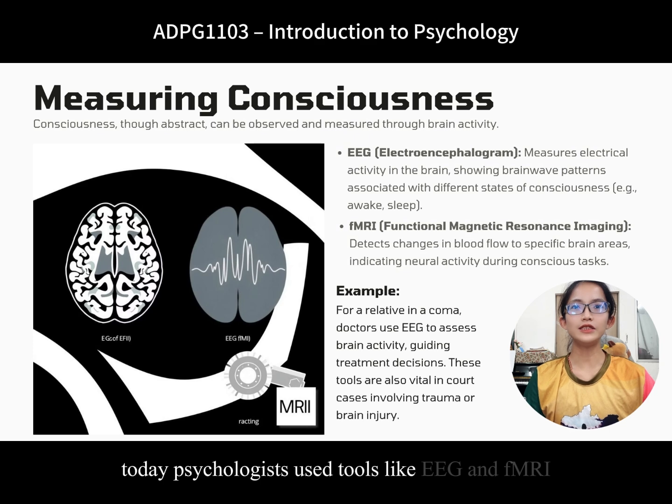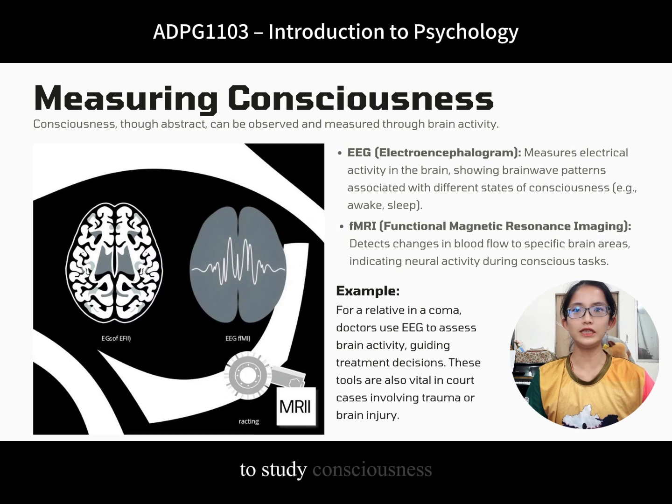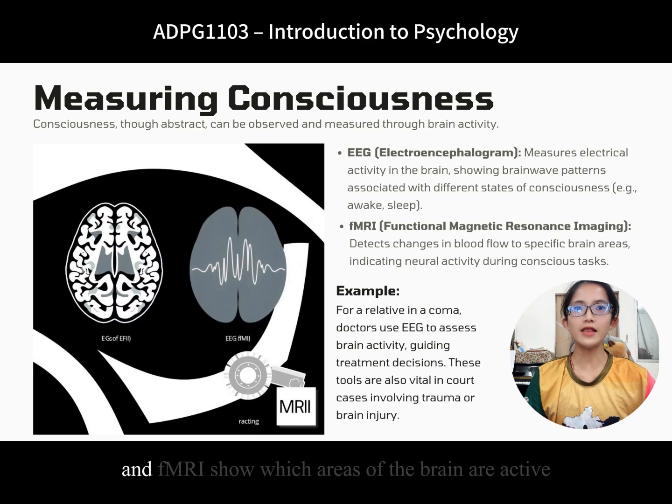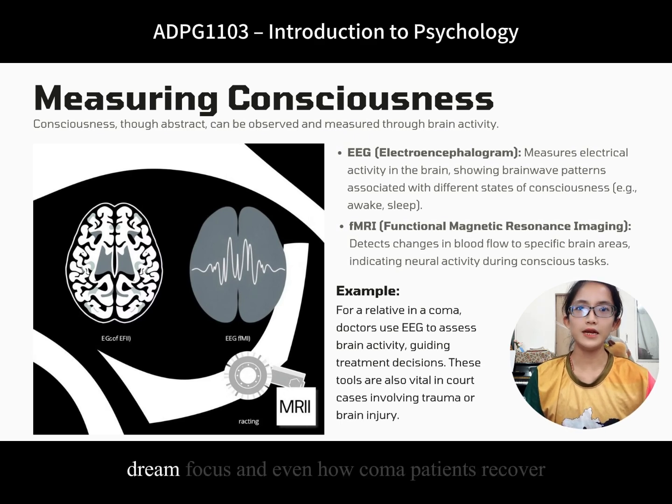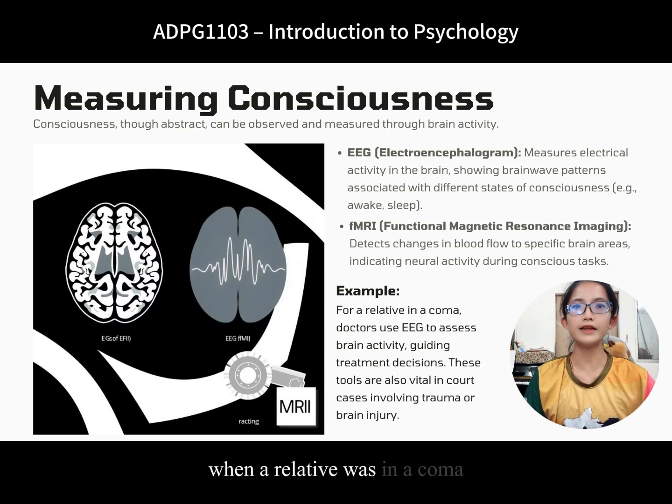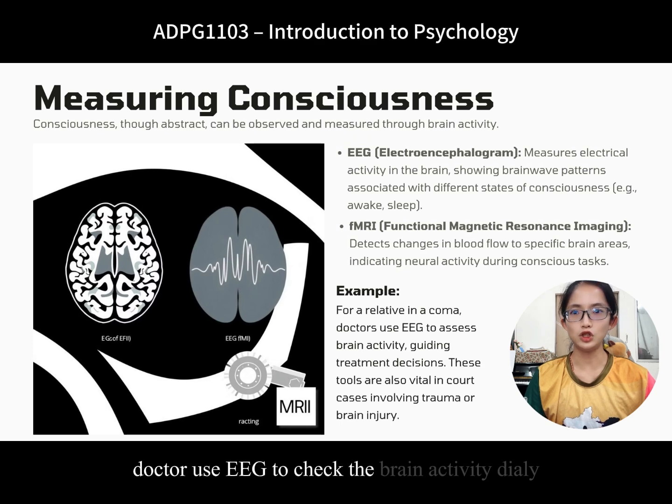Today, psychologists use tools like EEG and fMRI to study consciousness. EEG measures brain waves and fMRI shows which areas of the brain are active. These tools help us study sleep, dreams, focus, and even how coma patients recover. When a relative was in a coma, doctors used EEG to check the brain activity daily.